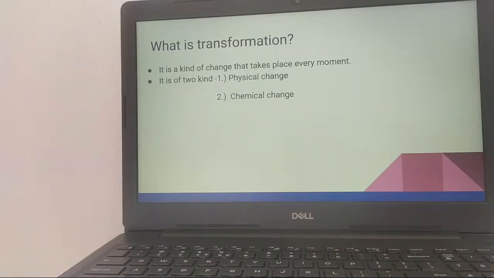Thus, in this case of burning of paper or wood, we say that cellulose is transformed into carbon dioxide and water vapor on burning. And whenever there is transformation in a substance, we say that a chemical reaction has taken place. Thus, when cellulose is burning, a chemical reaction is taking place.